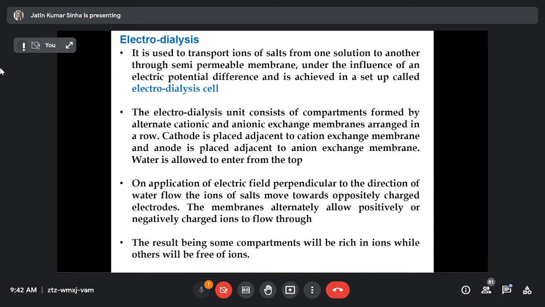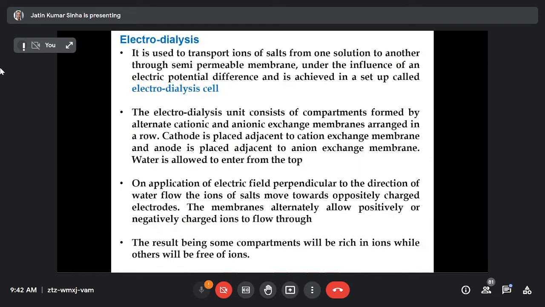So the electrodialysis unit consists of compartments formed by alternate cationic and anionic exchange membranes. This membrane, what we are talking about, exchanges the cations and anions with the water. The cathode is placed adjacent to the cation exchange membrane, and the anode is placed close to the anion exchange membrane. And water is allowed to enter from the top.